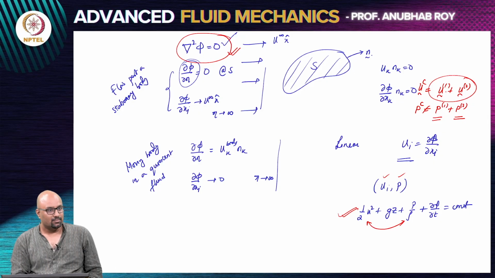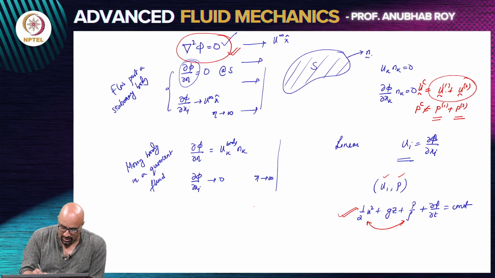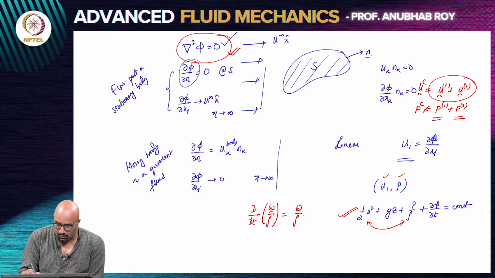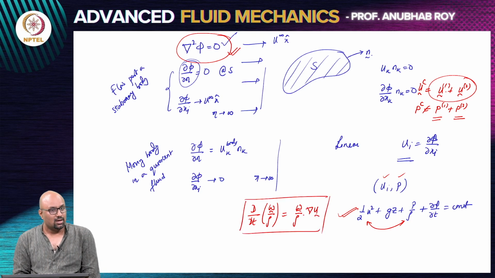Let me remind you of the equation for a barotropic fluid, which was the Helmholtz equation, and the first Helmholtz theorem told us that if the fluid parcel did not have any vorticity initially, it would have no vorticity at any later time. So, if it was irrotational to begin with, there would be no vorticity at any time in future.